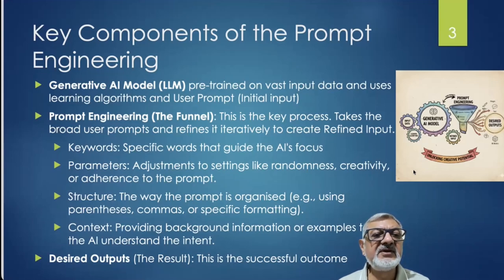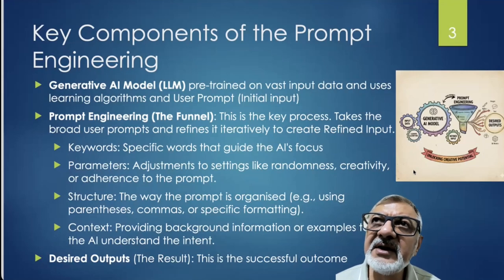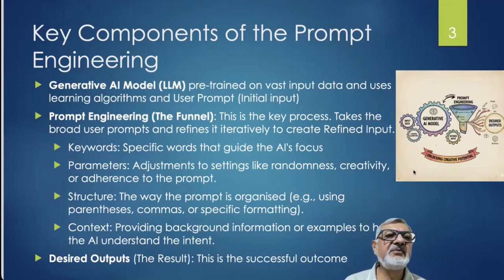The key processes we use are the keywords, the parameters we give, the structure of the response we want, and the context. The more clear and specific we are about the prompt we give to the model, the better response we'll get. Any successful outcome normally comes after an iterative process, which we'll be discussing.